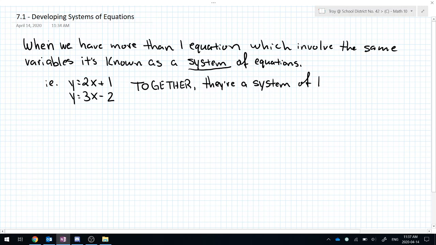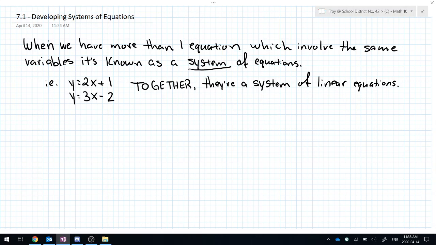In this case, they're linear equations because they're both in y equals mx plus b slope-intercept form. So more than one equation, we call it a system.